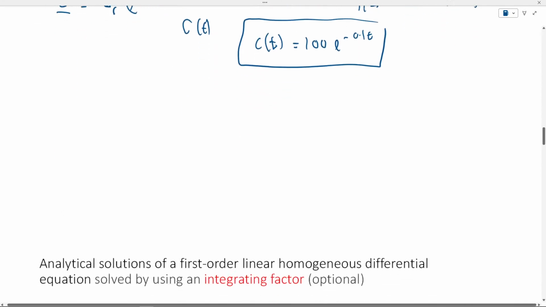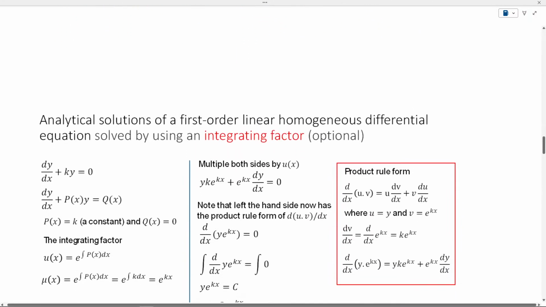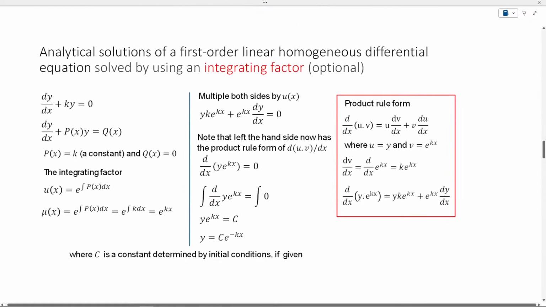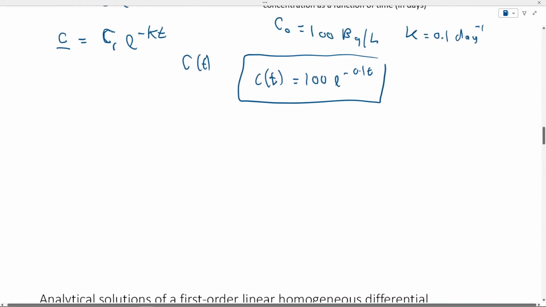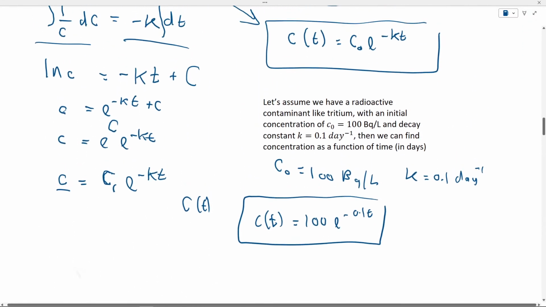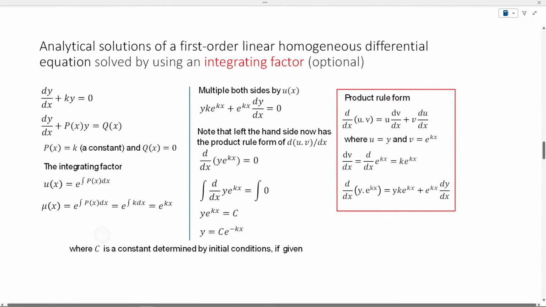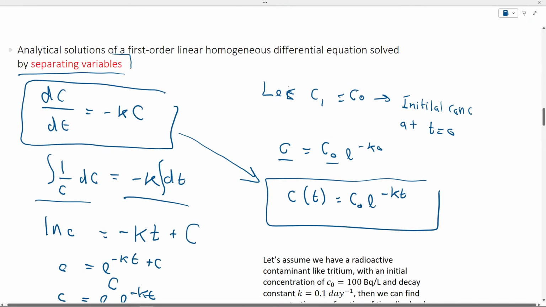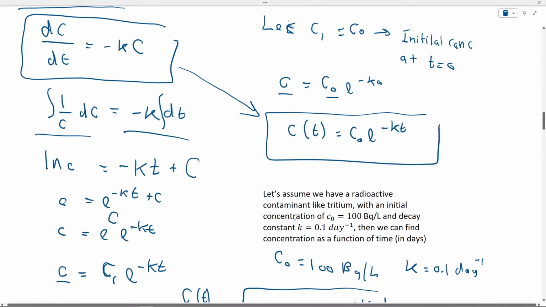Okay, then one thing you can do. Now I have my final equation. I need to plot it. Before I plot this, let me just show you. Remember this solution here? We did separation of variables, where you separate the variables and do the integration.